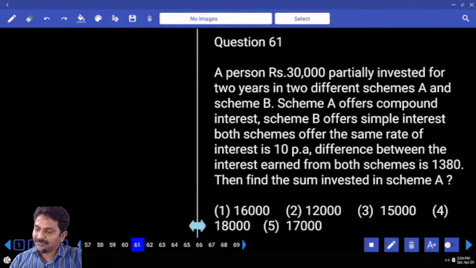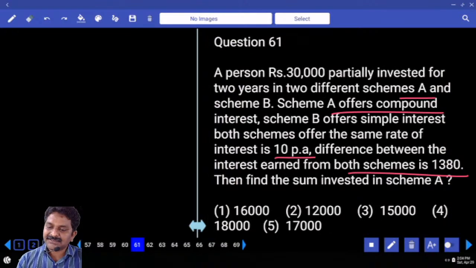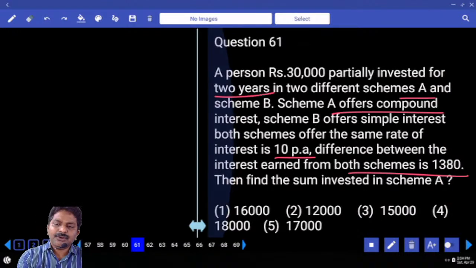So here we were given the difference of interest earned. Let us assume A rupees invested in scheme A, and scheme A offers compound interest at the rate of 10% per annum. And that is given for how many years? 2 years.